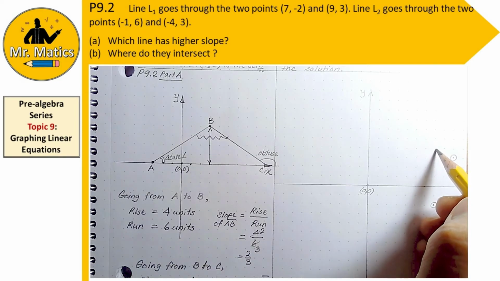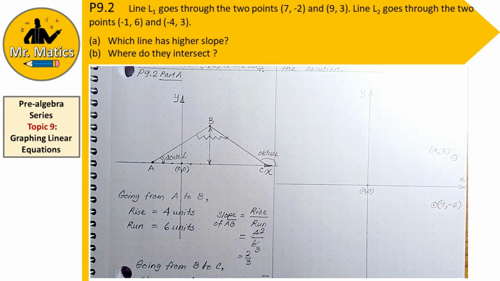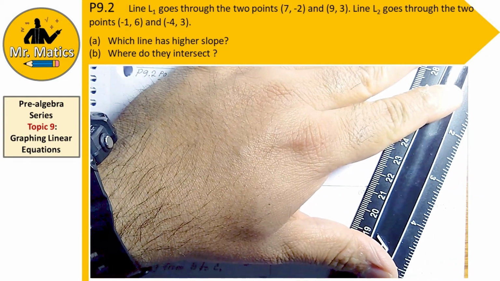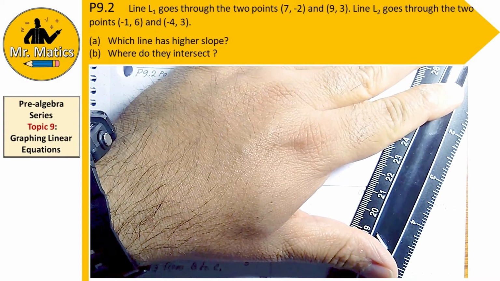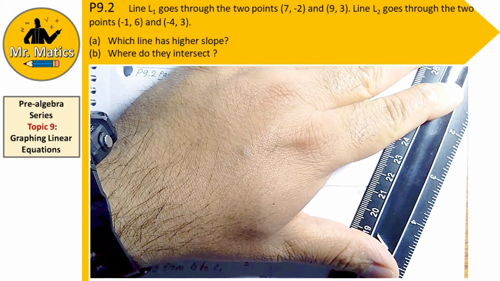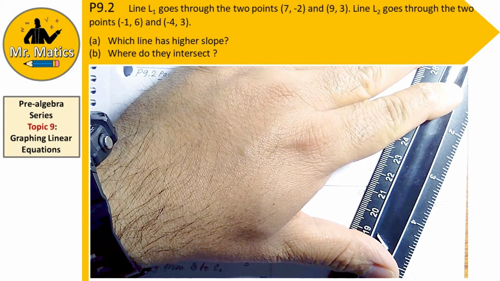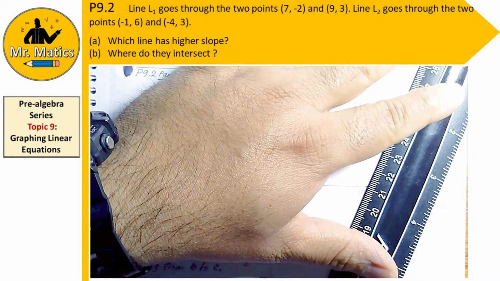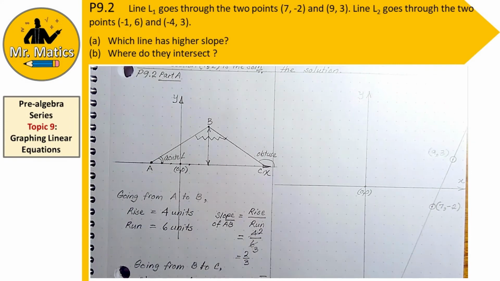So that is 9 comma 3. So the line L1 passes through these 2 points. So let's draw it very carefully, again avoiding any parallax, making sure the line exactly passes through them. So that is your line L1.